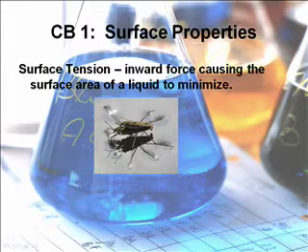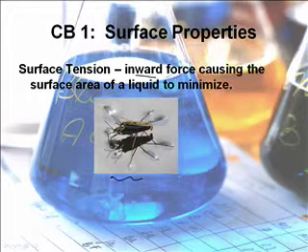All right. Surface tension is the inward force causing the surface area of a liquid to minimize. So, if you look at these skeeter bug guys, they're actually kind of like walking on water, aren't they? Isn't that kind of cool?